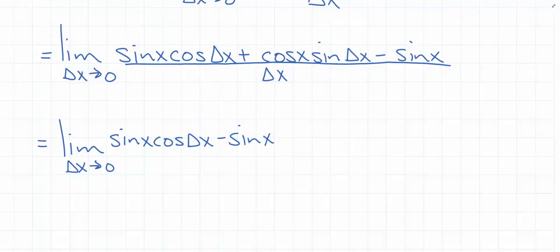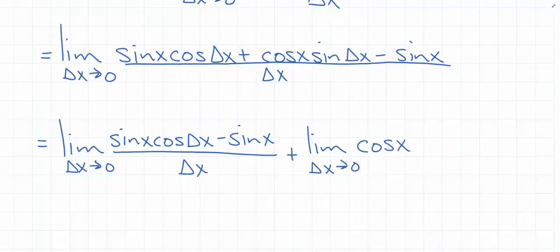Okay, now what I'm going to do is put those together over delta x, and then plus the limit as delta x goes to 0 of the rest of it, right? Okay, is everybody with me on that? Any questions about that, what I did? All I did was put the first and last term, gave it its own limit, and then I gave the middle term its own limit.